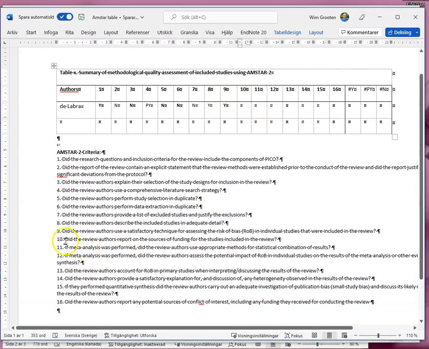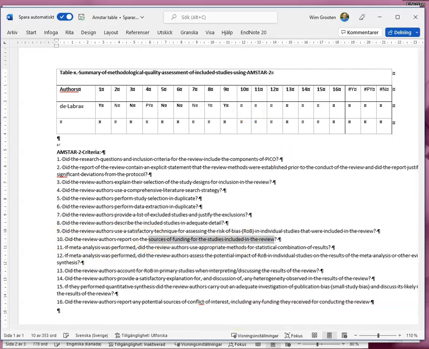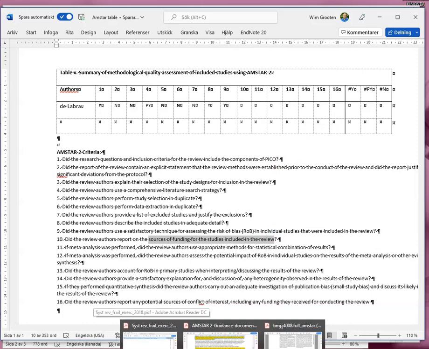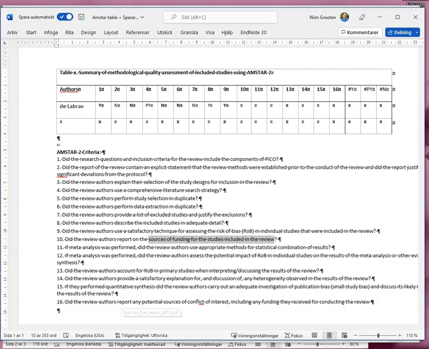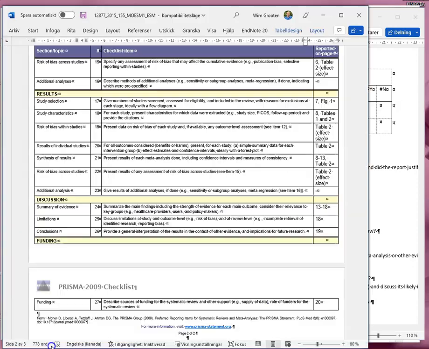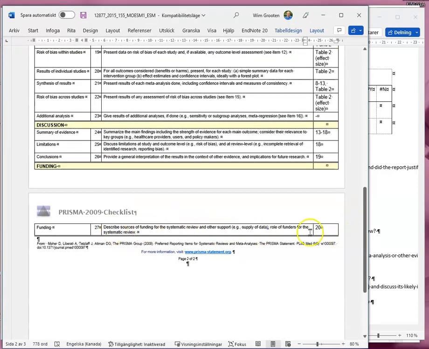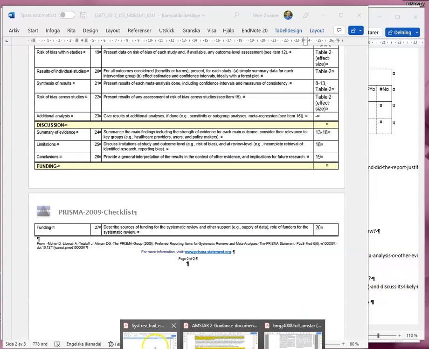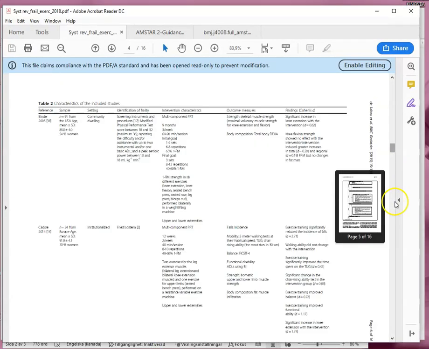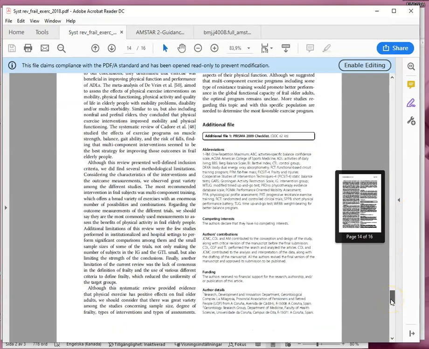Okay, number 10. Did the review authors report on the sources of funding? Okay, that is important because we need to see that, and I think it is. The funding is described on page 20. Okay, let's go to page 20 then, in the paper.